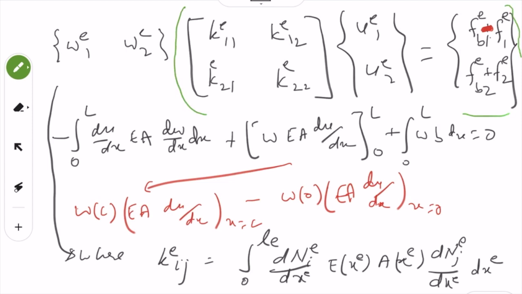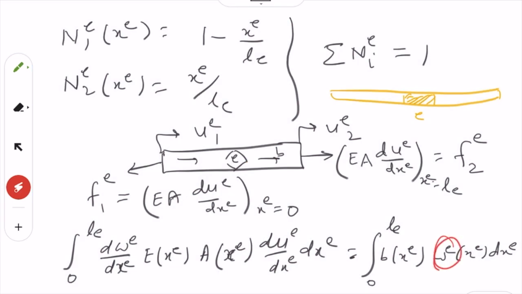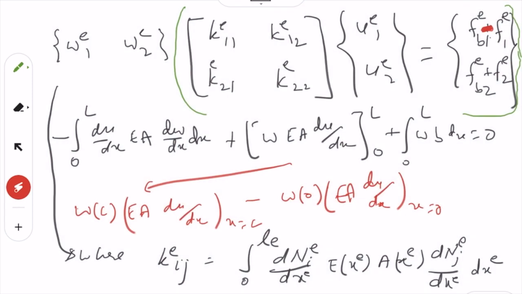So, W1, W2 will be common to both of them, because this will also appear on the right side. Why? Because on the right side also we have the W term here. Here also we have W on this side also. So, W1, W2 will be common, and since W1, W2 are arbitrary, we will get rid of them, and what you have is basically only this multiplied by this equal to this.